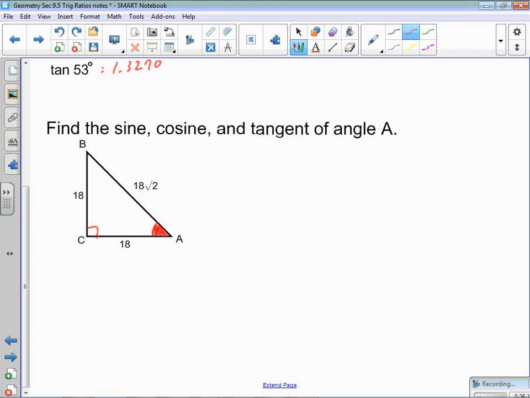If it's a right triangle, right angle makes 90 degrees, which leaves 90 degrees for the other two angles. And half of 90 is? So that is a 45, 45, 90 special right triangle.